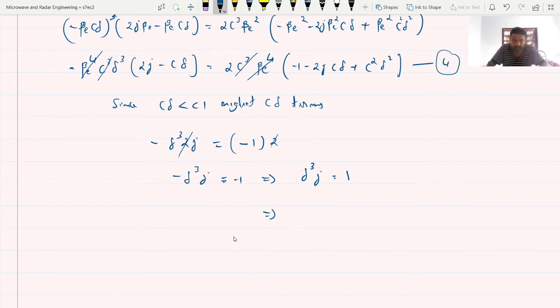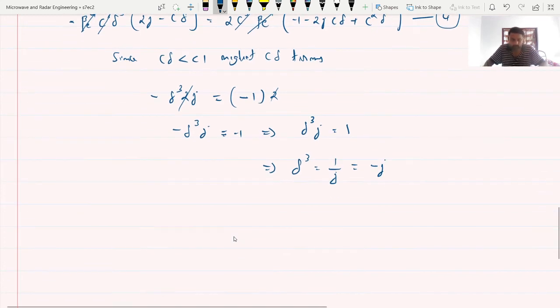That implies delta cube is equal to 1 by j, which is like minus j. So delta will be (minus j) raised to 1 by 3. Is it clear?